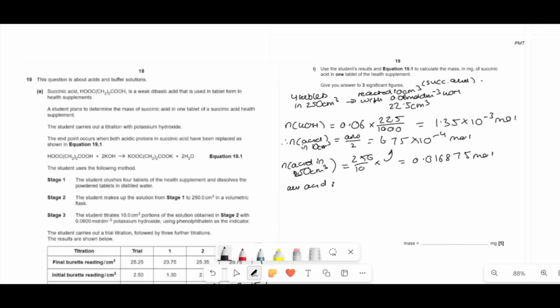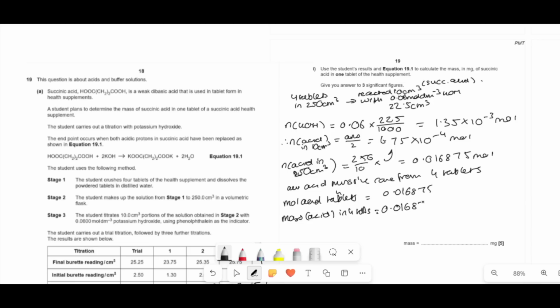All this acid must have come from where? Give it a second, pause and have a think. All of that acid must have come from those 4 tablets. Therefore, the volume of that 250 is irrelevant at this point. I know definitely for sure that the moles of acid in the tablets, the 4 of them, is going to be that 0.016875. So that means that the mass of the acid in the 4 tablets is going to equal the moles, 0.016875, times the Mr of the acid, which in this case is 118.